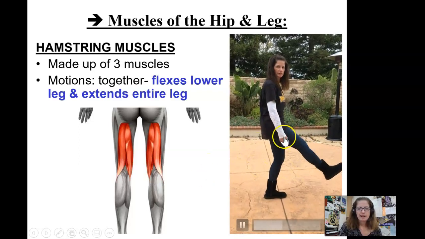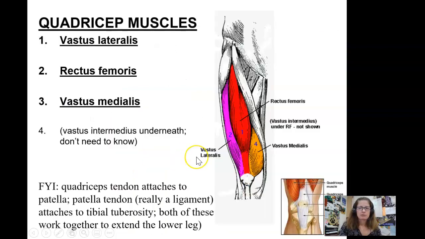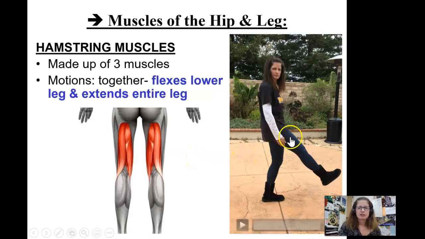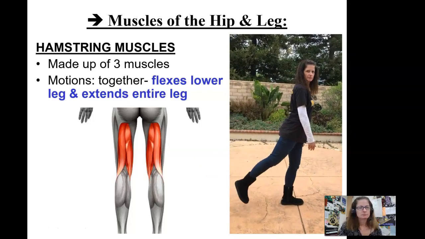So those are my hamstring muscles. Those were both extension motions, just how far did you go? I started here, I'm going to extend and then extend again, but both of those are being done by the hamstring muscles. So hamstrings, extension, extension.